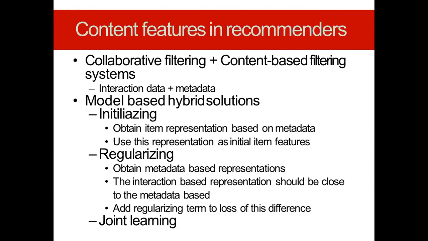So we should use good initial values. One way to get good initial values for the latent vectors is to use deep learning models to learn those latent factors from the content, and use those values to initialize the latent factors.